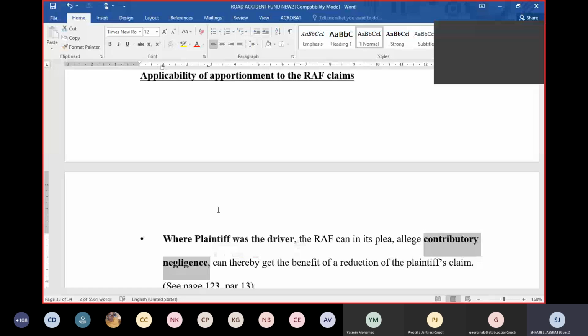For damages to your motor vehicle, that is not covered by the RAF. So that would be covered by your own personal insurance. Remember, RAF only covers bodily injury, personal injury to your body.